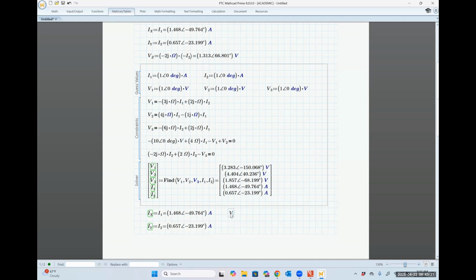And VZ is negative J2 ohms times negative I2. Same answer as before.